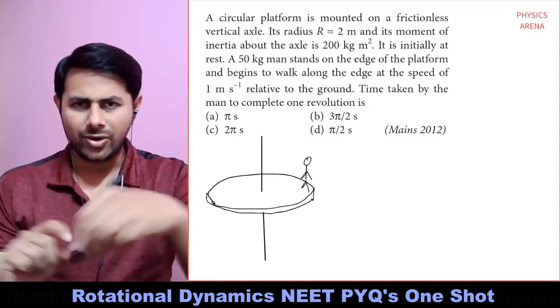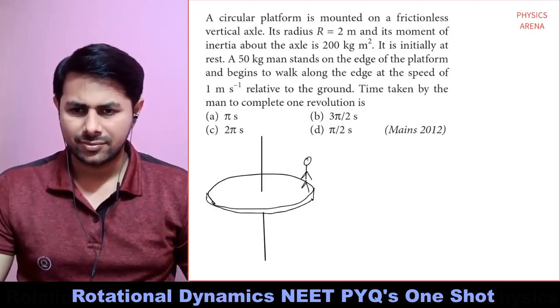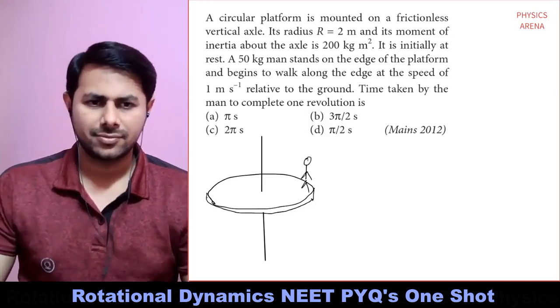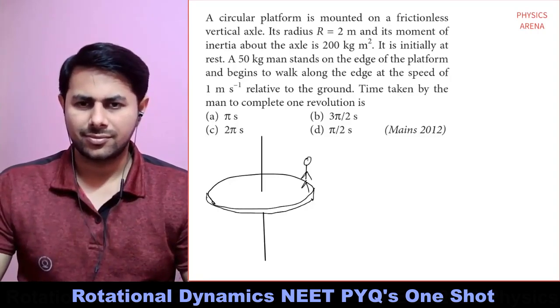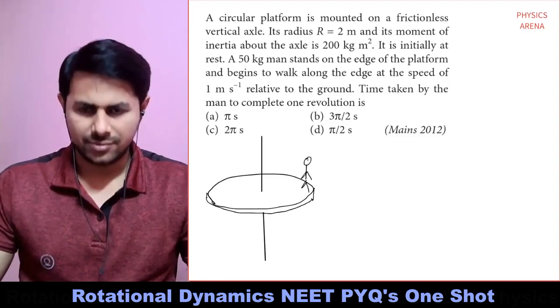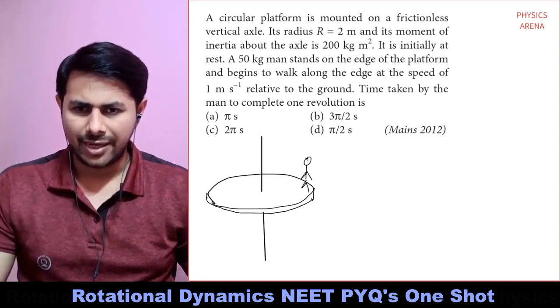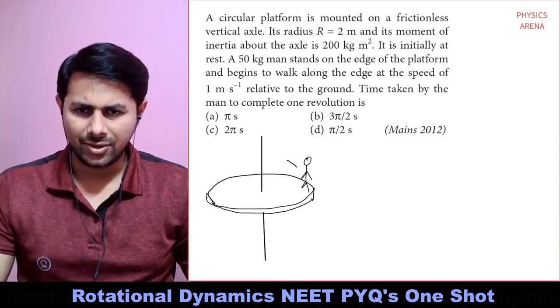So when he walks on the platform, what will happen? Can you guess? Let's suppose the man walks in anti-clockwise sense.